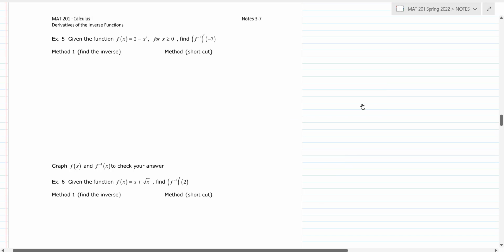All right, so in this particular problem we have a function f of x equals 2 minus x squared, and it's defined on x greater than or equal to 0, because this is not a one-to-one function. It's a quadratic.